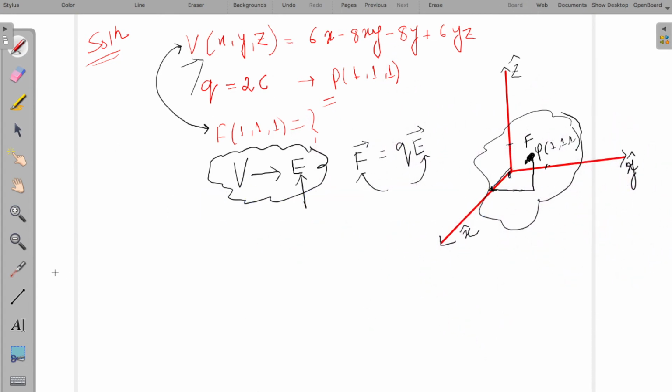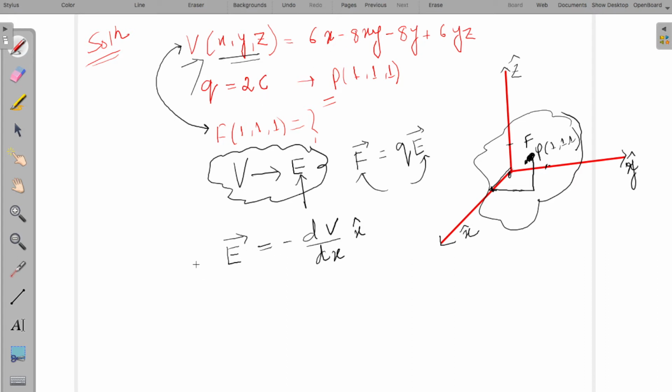So the formula relating the electric intensity with the potential is given as the negative derivative of the potential with respect to the position. So if the position is the x coordinate, then we can write it as minus dV/dx x cap. Why x cap? Because the electric intensity is a vector quantity, right? But we can see here that the potential V is given in terms of x, y, and z.